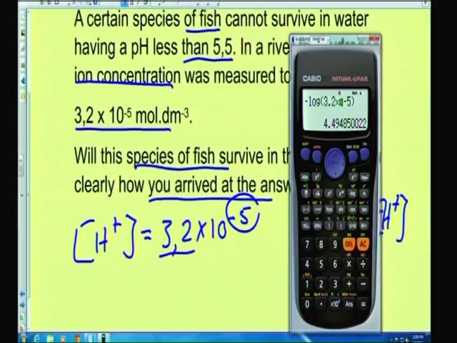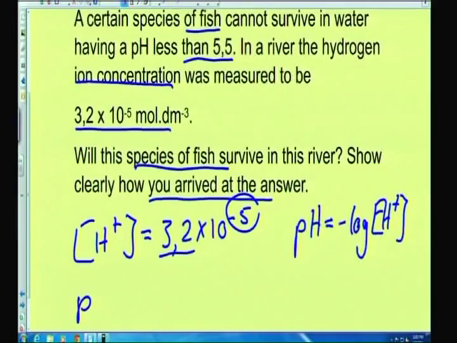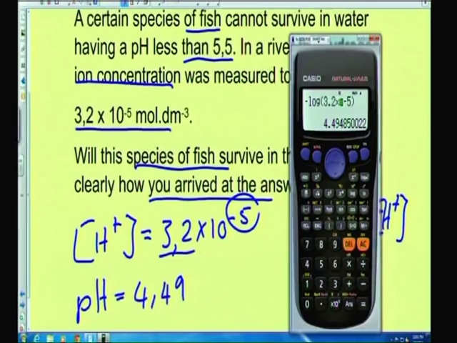I'm going to round off to 2 decimal places, and I'm going to say, so my pH is equal to 4,49. Notice pH doesn't have any units. Just check my answer. It is correct, 4,49, and that's perfect.